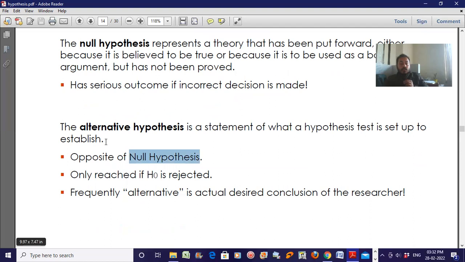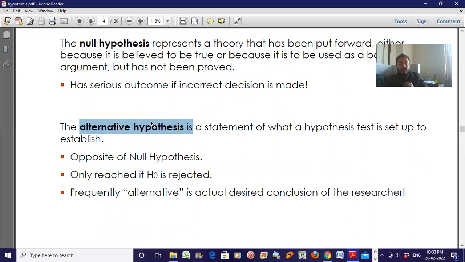So in which cases do we need an alternative hypothesis, if that question comes? Suppose H naught represents the null hypothesis, and suppose H1 is the alternative hypothesis.